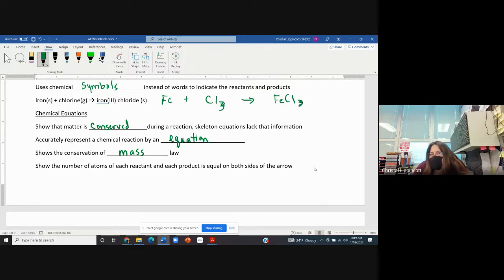Or I'm just going to change that to a 2. You can't do that. It's not allowed. Don't think about it. Don't touch it. Once you've got these things written out, you don't touch the subscripts. The only thing you can use is coefficients, and those are written out front here to get the thing to balance. Do not touch subscripts. Got it? Good.